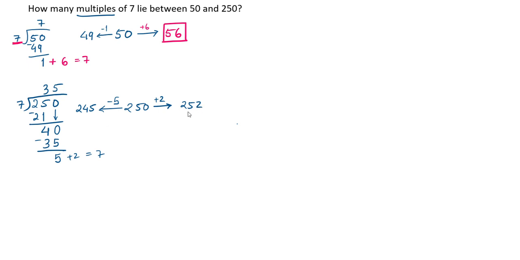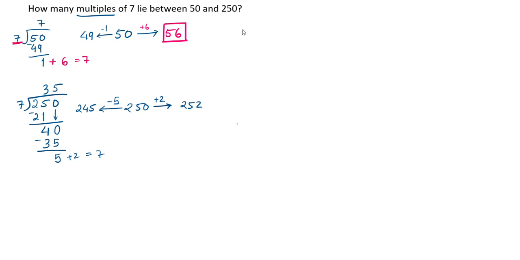So these are the two numbers which are multiples of 7 just next to 250. And since our number should lie between 50 and 250, we will go with 245. So between 50 and 250, the first multiple of 7 is going to be 56, right?